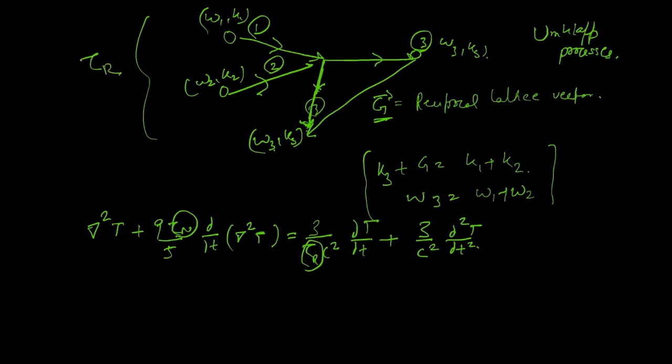This is tau R. Tau N is when there is no reciprocal vector. C is the speed of sound in this equation. So this is a phonon scattering model, a very similar model. If you rearrange and compare the coefficients with the previous equation, you could retrace the coefficients.